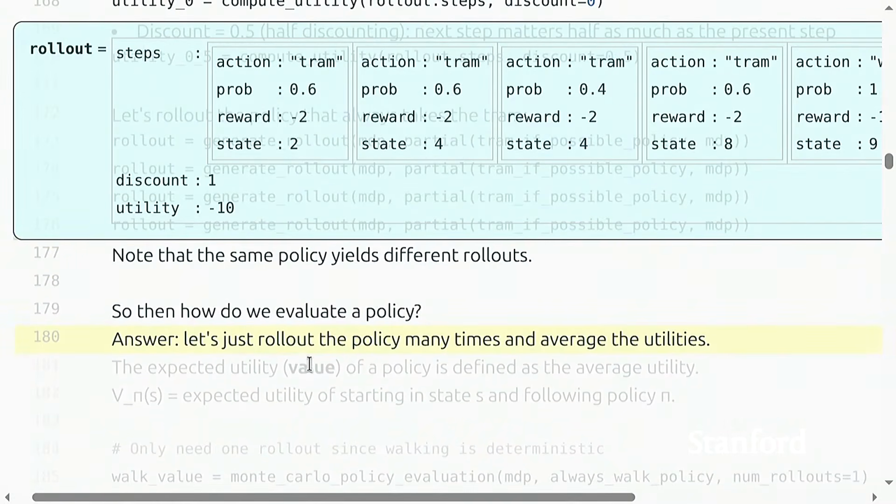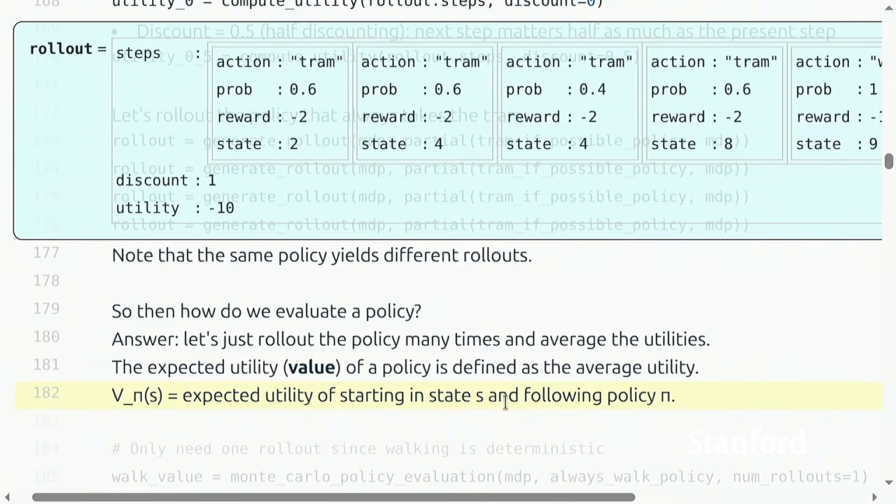You roll out many times and you just average. Formally, the expected utility of a policy, also known as the value of the policy, is defined as the average or expected utility. You might have heard of value functions in reinforcement learning, which I'm going to talk about later and also next time. The value is this value.